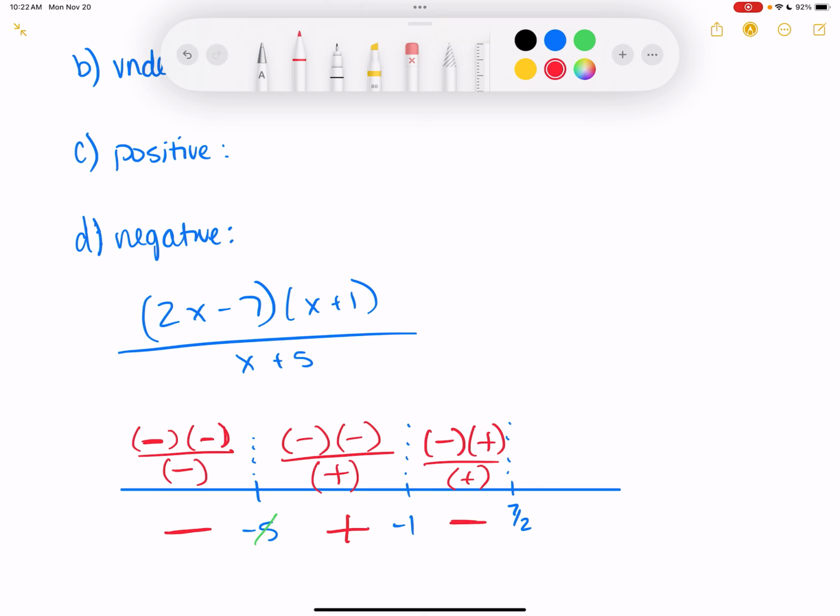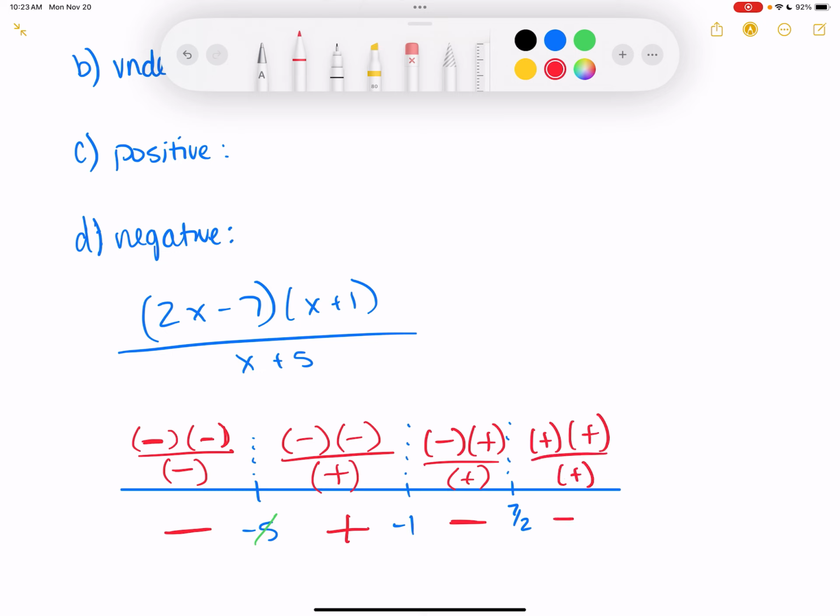And then over here, what do we want to pick? 1, no, 4. So 2 times 4 minus 7 is positive. 4 plus 1 is positive. 4 plus 5 is positive.